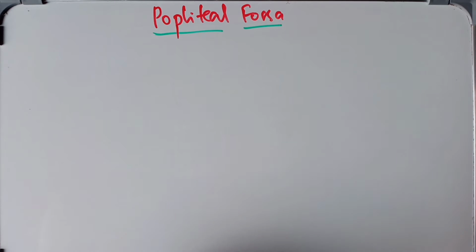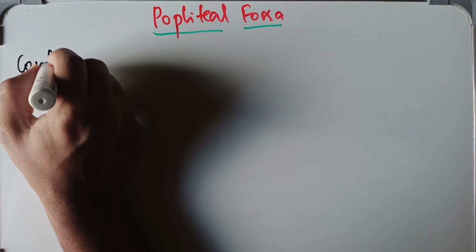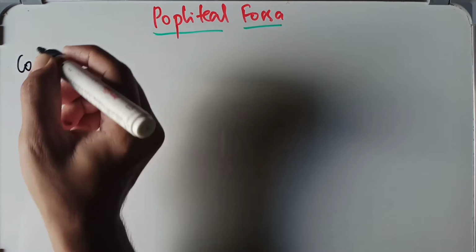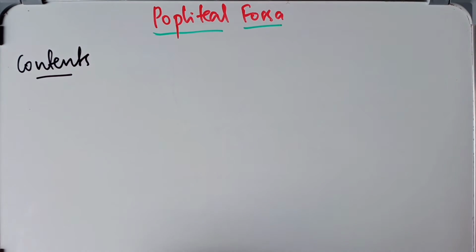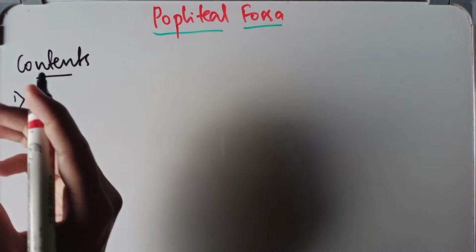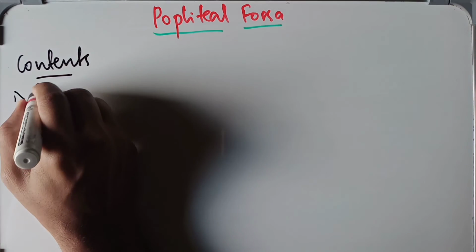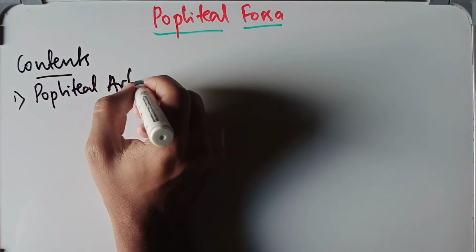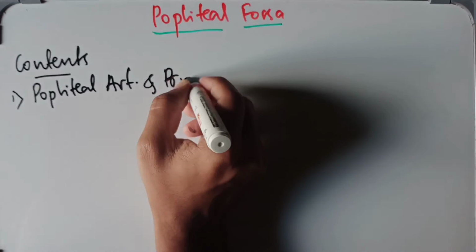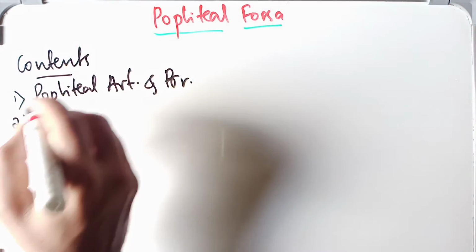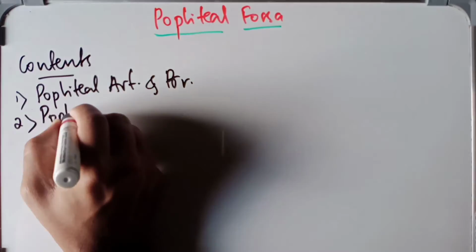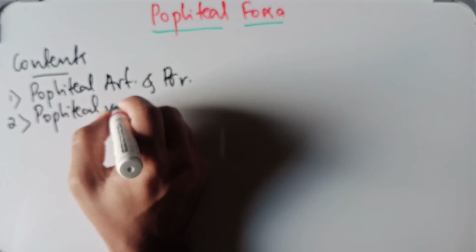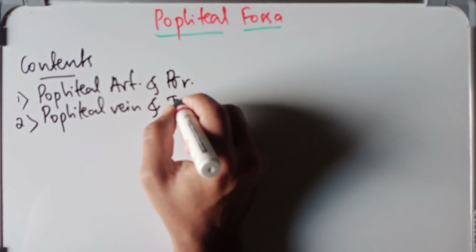Okay, so now moving on to the contents of the popliteal fossa. What do we have? We have the popliteal artery and its branches. We also have the popliteal vein and its tributaries.